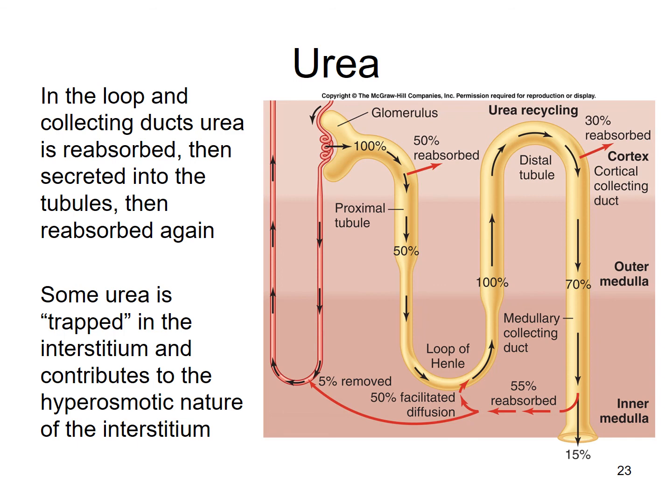It's because this 55% reabsorption and the 50% facilitated diffusion that cycles through the tubule here is going to help maintain that hyperosmolarity that you need in case of dehydration. So again, some urea gets trapped in the interstitium, contributes to the hyperosmotic nature of the interstitium, and so basically this is how your countercurrent multiplier actually works.